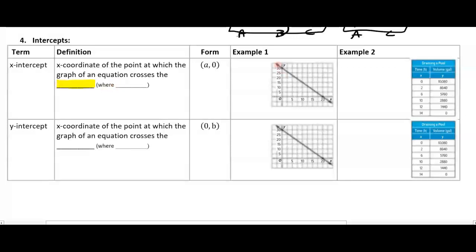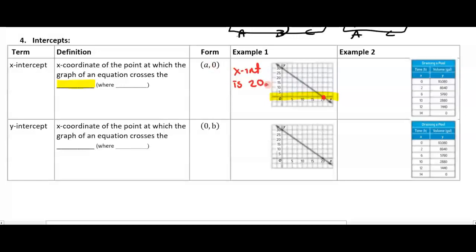Okay. Here we have this graphed function, and it's going to cross the x-axis. This is my x-axis here, and this one crosses the x-axis at 20. So the x-intercept would be 20, is how we would write that.